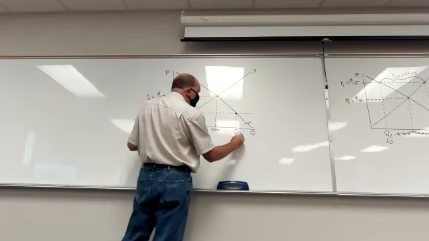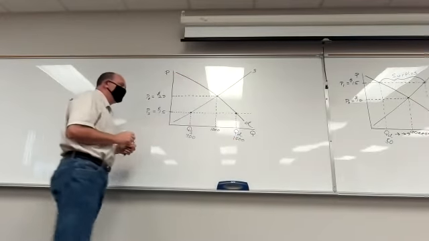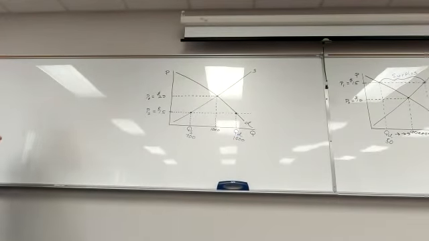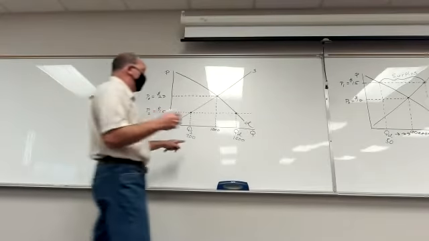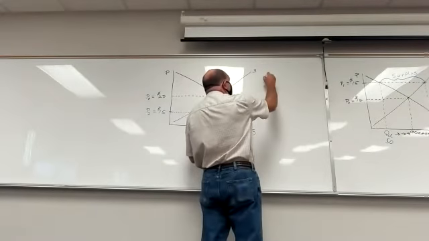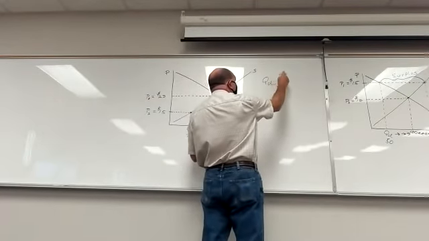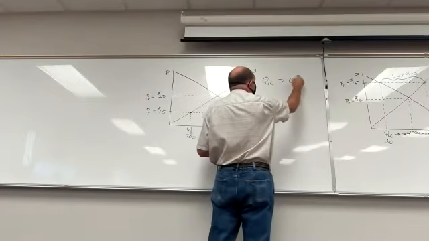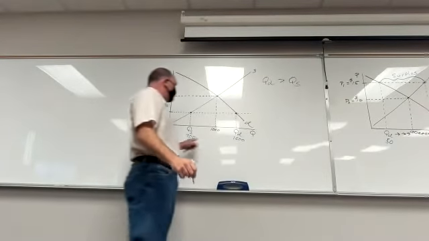Let's say that happens to be 1,500 units of the good. All right, so it's clear we're not in equilibrium here. And in fact, in this particular case, the quantity demanded of the good is greater than the quantity that is being supplied.